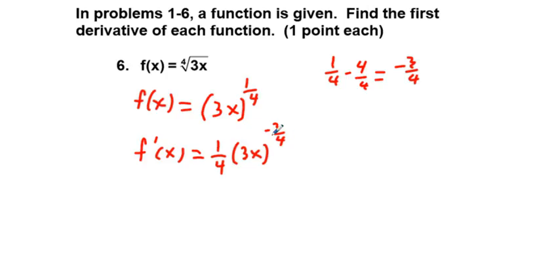And then rewriting this, f prime of x is equal to, and then there's another thing. We have the derivative of the inside, which is 3. There we go. So just wrapping up, we have this derivative of the inside, which is 3 over 4, and we have this 3x to the negative 3/4.